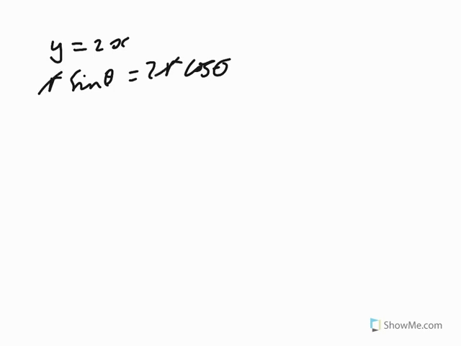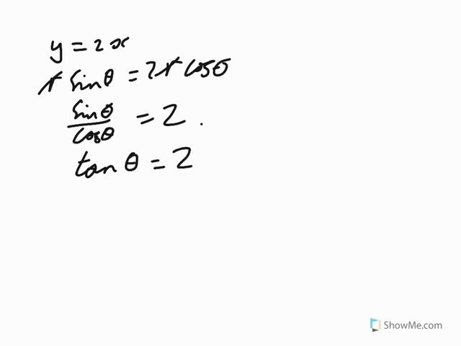The r's will cancel until you have sin theta over cos theta equals 2, and seeing as sin theta over cos theta is tan, you have tan theta equals 2. So that's any point where tan theta equals 2, and if we then find that theta is tan minus 1 of 2, it's not an exact value, so we need to get our calculator out to do that.